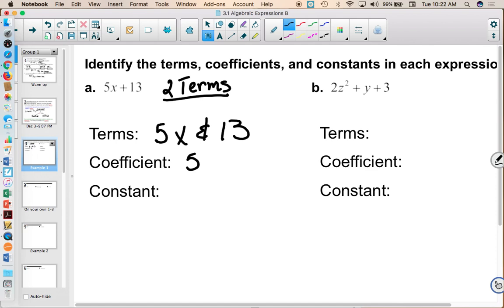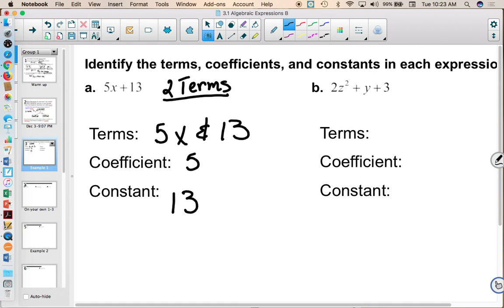Because the x is like what you don't know. Right, and what do we call the x? The variable. Good job. What's the constant? Esri. 13 is the constant. Good.